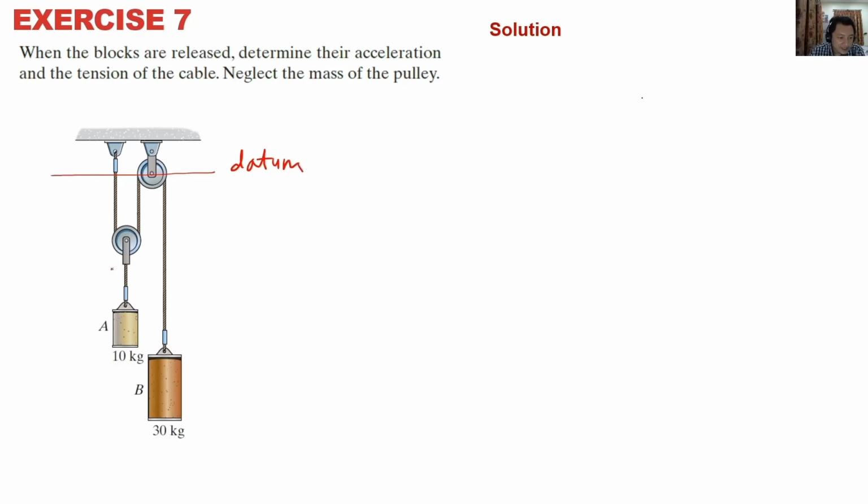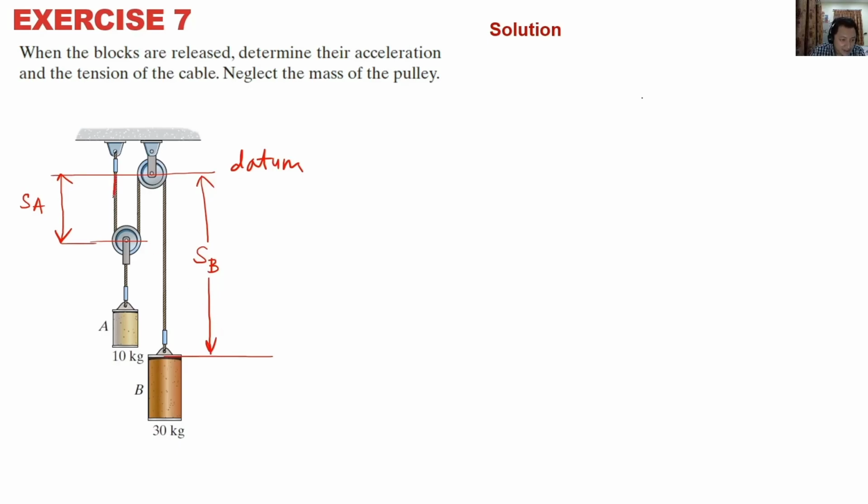So the length of the cables, it varies. How does it vary? This is something we call SA. This is something we call SB.